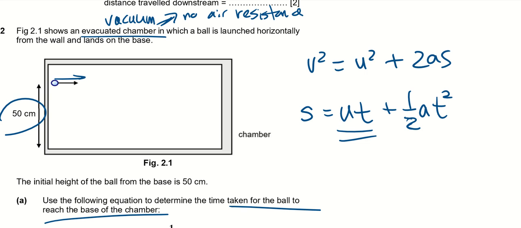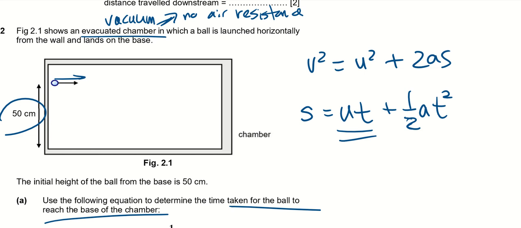That means if it's launched, there must be an initial speed, right? Your u cannot be 0, right? So the answer here, anyone knows why the ut becomes 0? Although the ball was launched horizontally. Is it because the initial velocity is 0? Why is the initial velocity 0? Because before it was launched, it was 0.